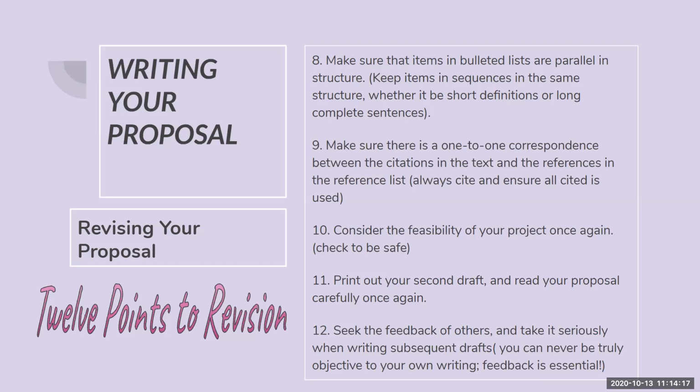So again, going back to consistency, you want to make sure that items in bulleted lists are parallel in structure. If you're listing things like definitions, you want to keep items and sequences in the same structure. So with definitions, you want to keep either short definitions or long complete sentences, but don't use a mixture of both in a bulleted list.